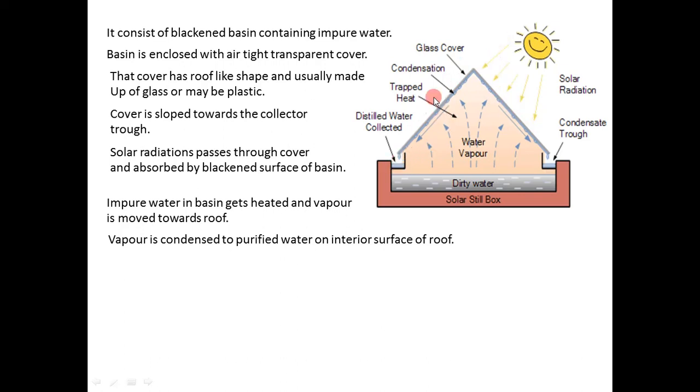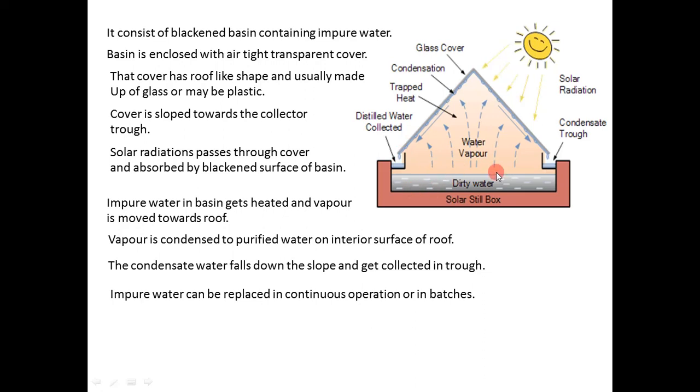This glass is cool because the radiations are transmitted, not absorbed. Therefore, the interior surface of the glass is much cooler to condense these vapors. The condensate water falls down from this slope and gets collected into the trough. Impure water can be replaced continuously by a motor or pump, or it can be replaced in batches.